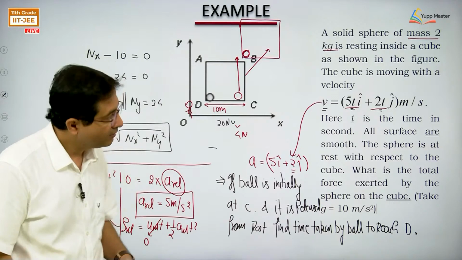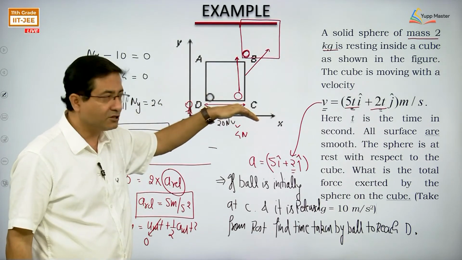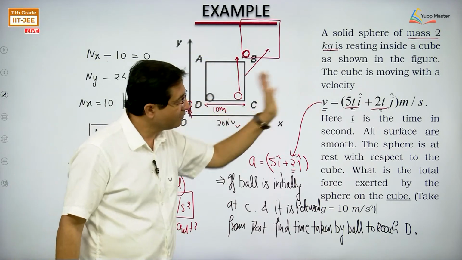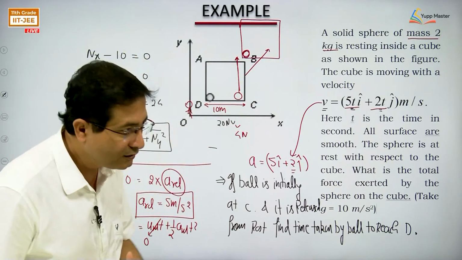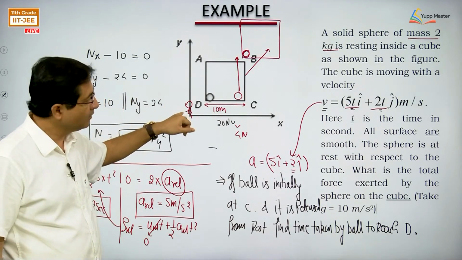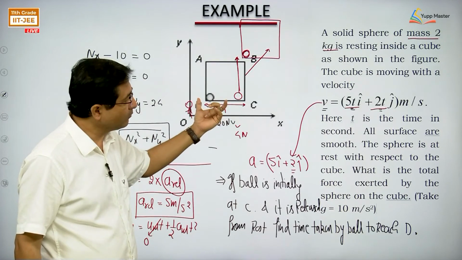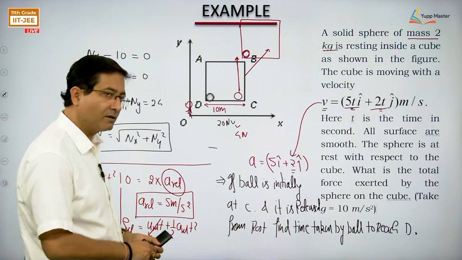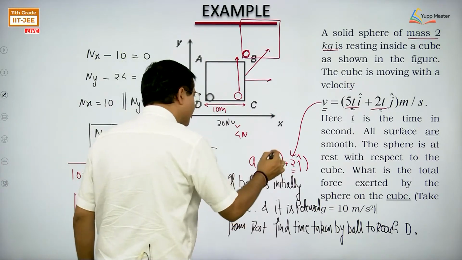So the ball will go in y direction because of the normal and mg. The lift, because of its acceleration, will move forward and upward. So you can see that if I want to observe from the ground frame, I have to get the motion of the lift with respect to the ground frame. So if I focus on the lift, the lift has acceleration in this direction, that component is coming 5.